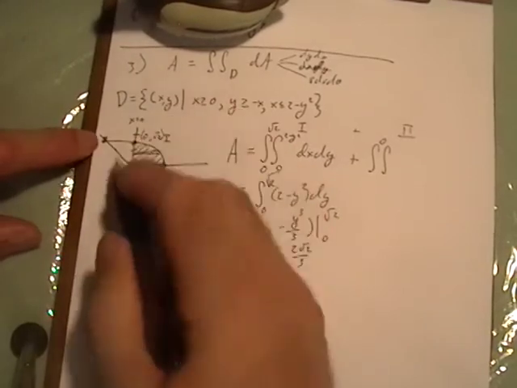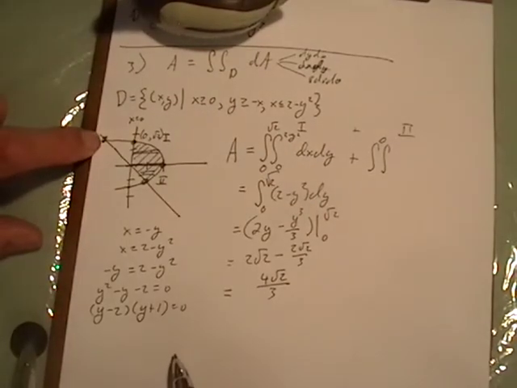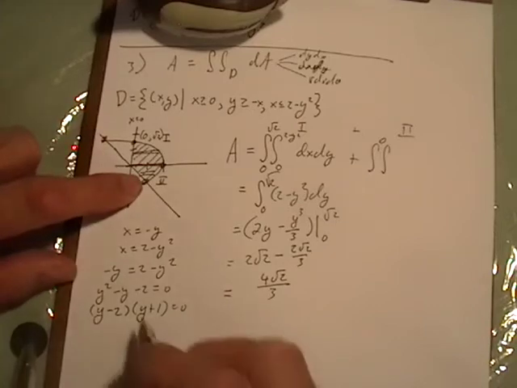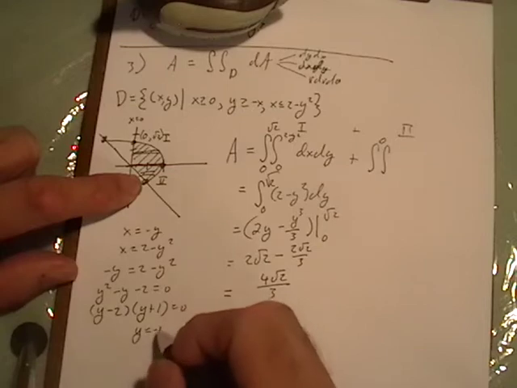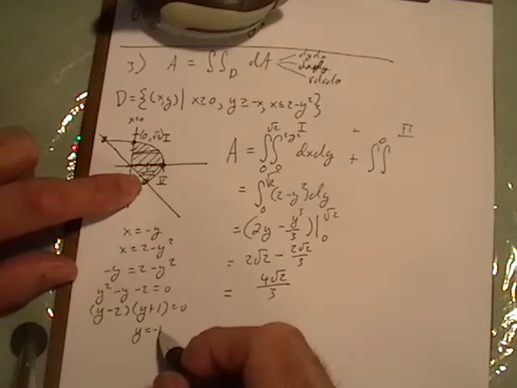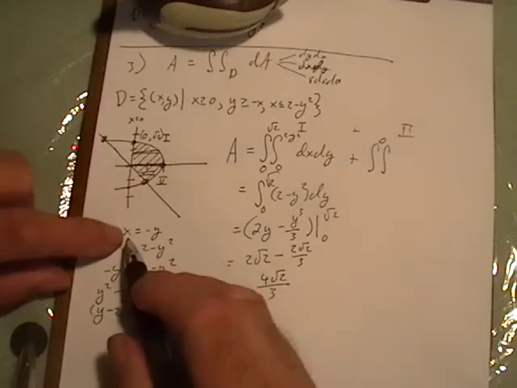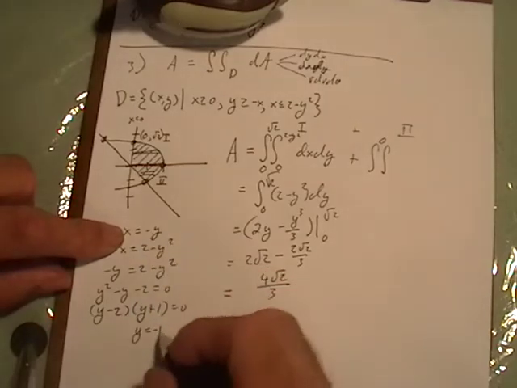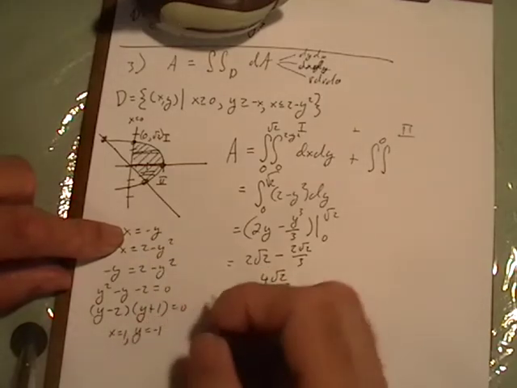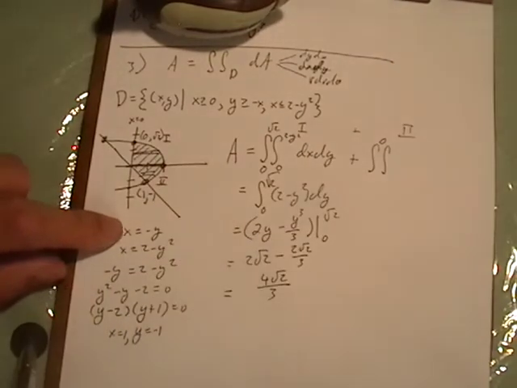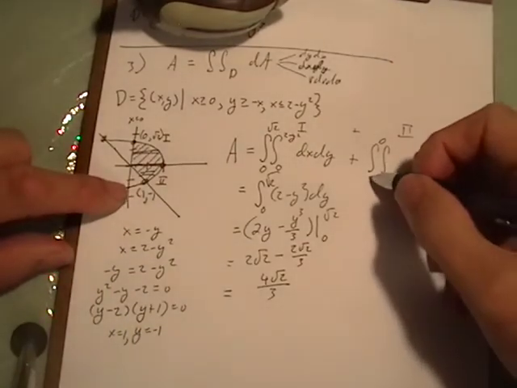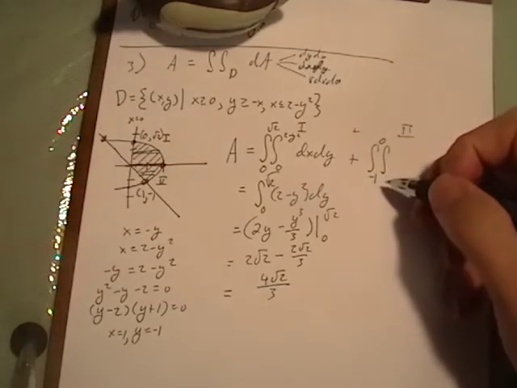Presumably, that would be this intersection. That's not the one we're interested in. The other intersection would be when y plus 1 is 0. That happens when y is negative 1. If y is negative 1, x is the opposite, so it looks like x is 1, and this is going to be the point (1, negative 1). So y is going from negative 1 up to 0.